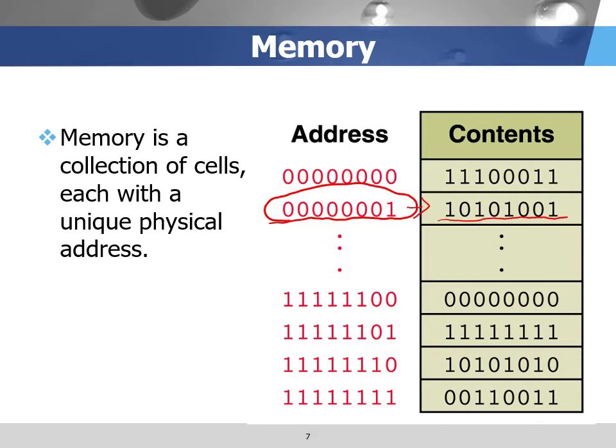The main memory is a collection of cells, and each cell includes 8 numbers. The numbers are binary, meaning we only have ones and zeros. So each cell has 8 binary digits.